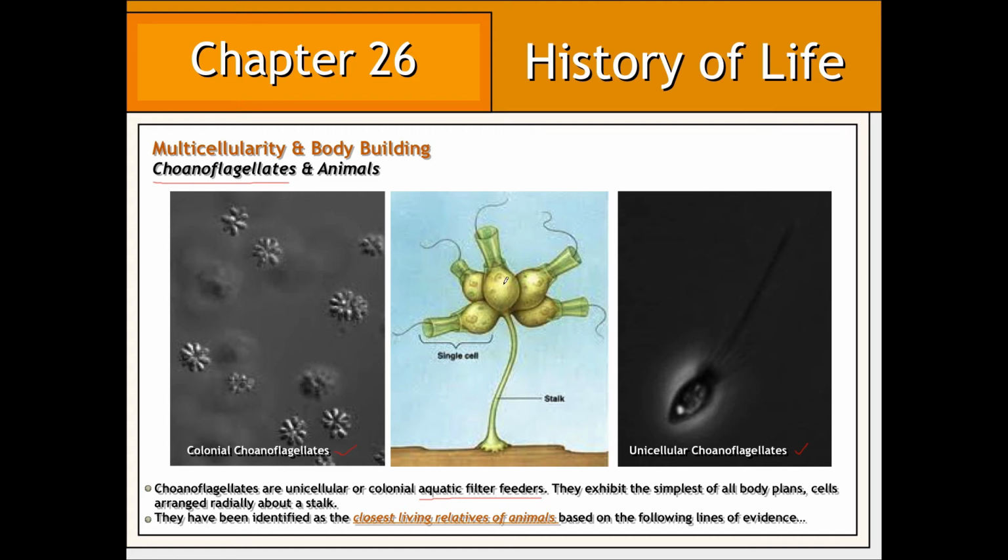As can be seen in this colonial species, it consists of a single stalk around which various cells are radially arranged. These choanoflagellates have been identified as the closest living relatives of animals based on several lines of evidence.